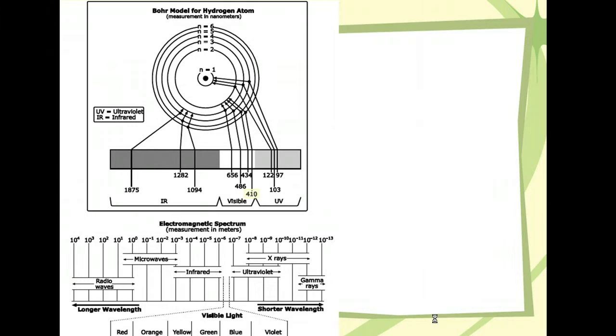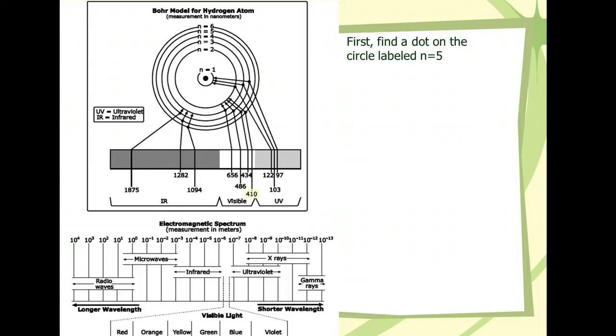Okay, so here's the reference table you got, and you see that it has the energy levels labeled. This is 1, this is 2, 3, 4, 5, and 6. So this is where the electron can be, in one of these energy levels. And we just said we wanted to see what would happen if it went from 6 to 2.